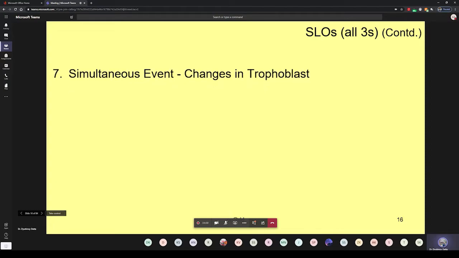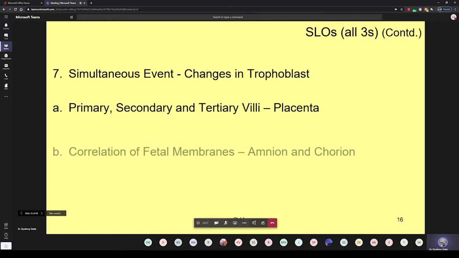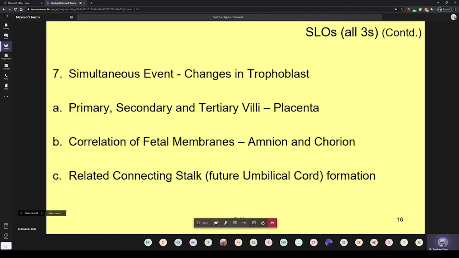Simultaneous events. This will be handled by Madam tomorrow when Madam is going to talk to you about the placenta and the fetal membranes, etc. So this is what Madam will be teaching tomorrow. But why did I put it up here? What did I say in the very first preamble? Please understand whatever I'm discussing is not happening in isolation.